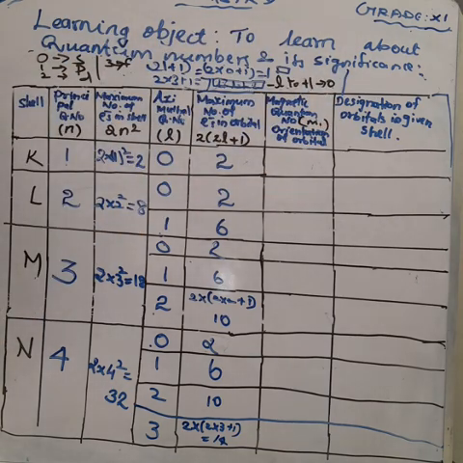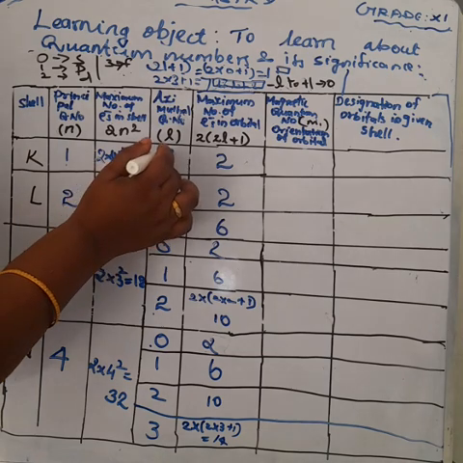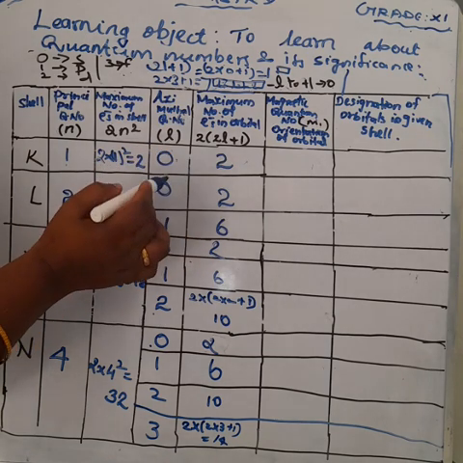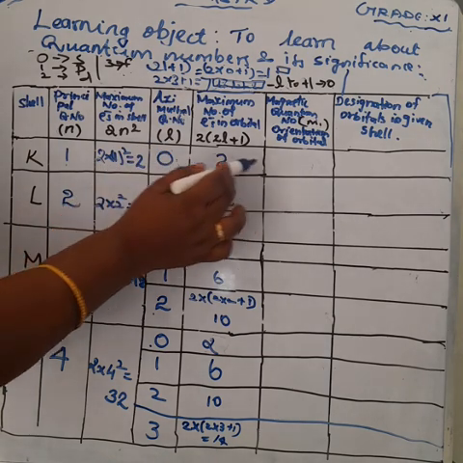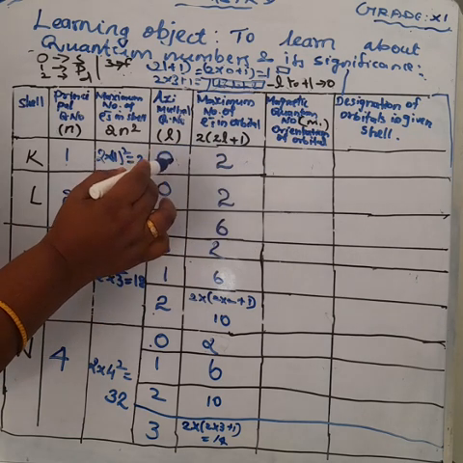Here the l value is 0, so the possible orientation of the orbital is 0.